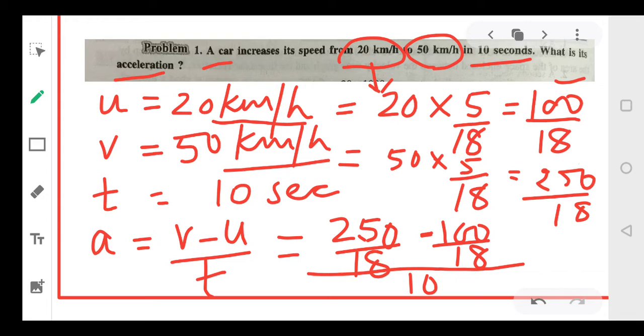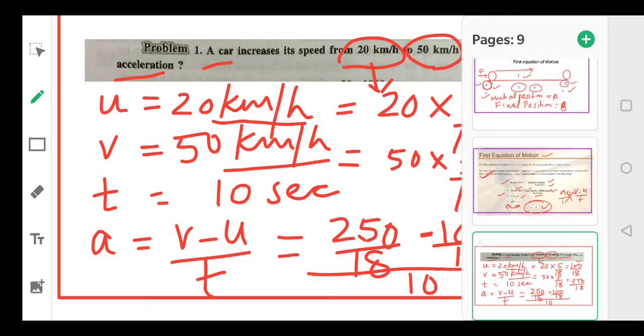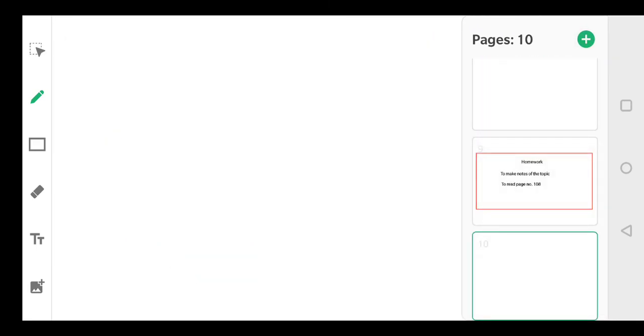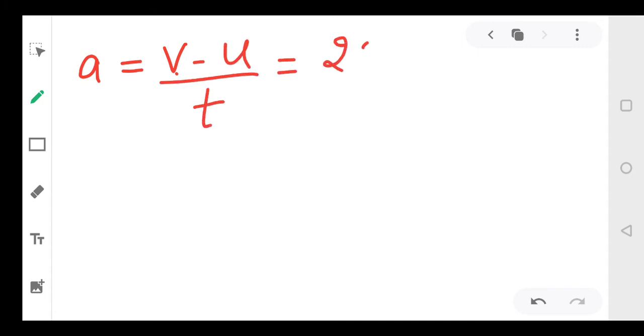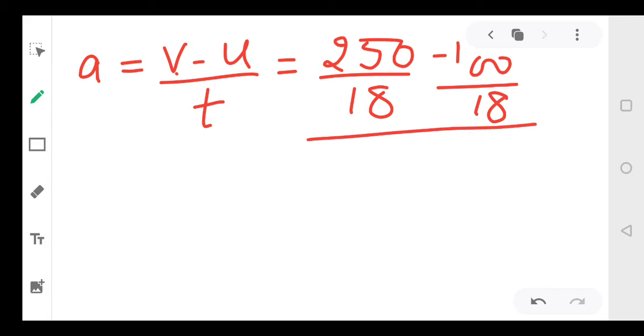Now let's solve it. Let's take a blank slide. So A is equal to V minus U upon T, and we have 250 upon 18 minus 100 upon 18, upon 10 seconds.